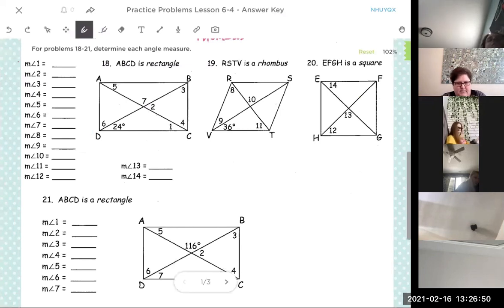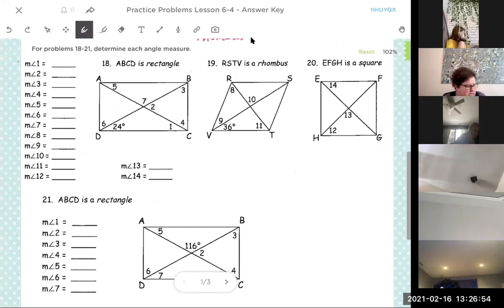So I want you to take a couple of minutes and look at, let's start with, let's go ahead and try 18, 19, and 20. And I'm going to make up another problem for parallelogram, kite, trapezoid, that kind of stuff.